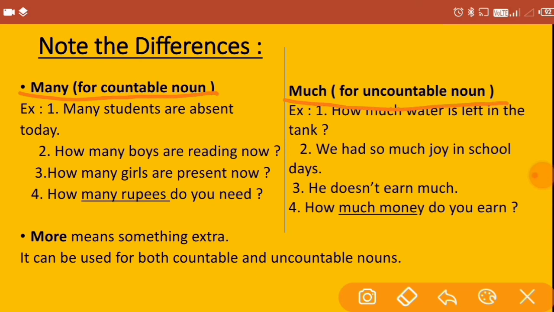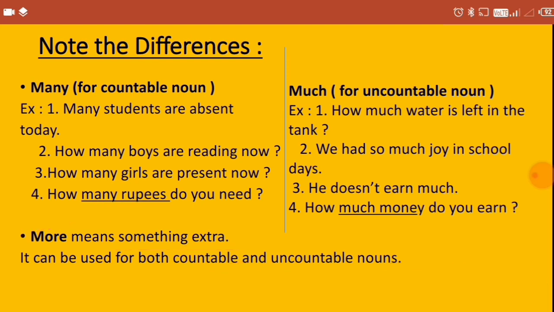In the fourth sentence, notice that many rupees is countable, but how much money is uncountable. Look at the difference. And more is used to mean something extra. It can be used with both countable and uncountable nouns.